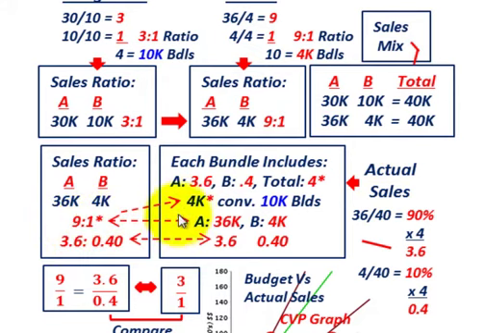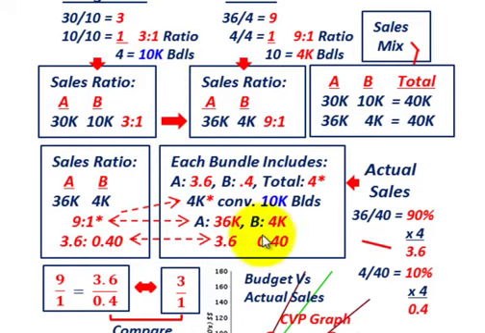Instead of looking at it in terms of a quantity of 10, I want to convert this 9 to 1 sales ratio over to a quantity of 4, so I can make the comparison. When we do our comparison, I want to look at the budgeted versus our actual amount based on 10,000 bundles, is what I'm trying to do here.